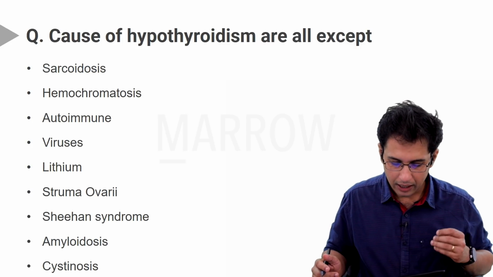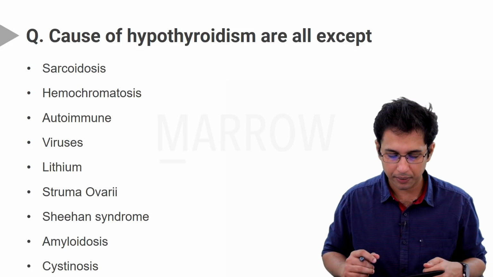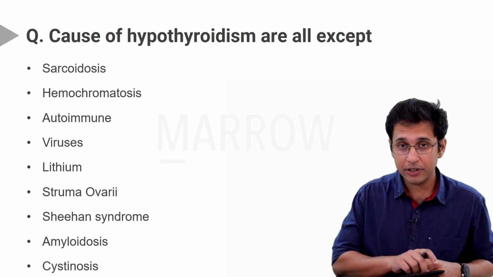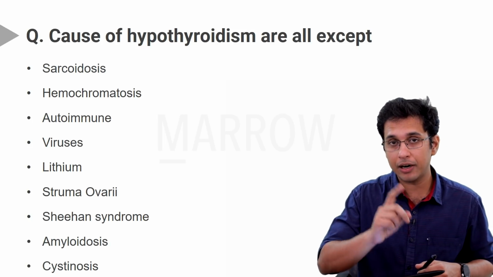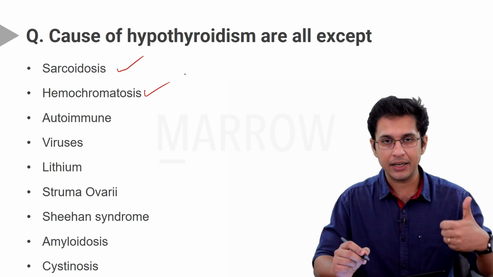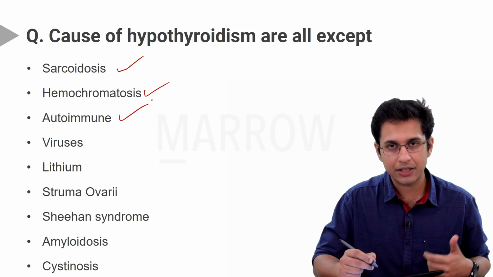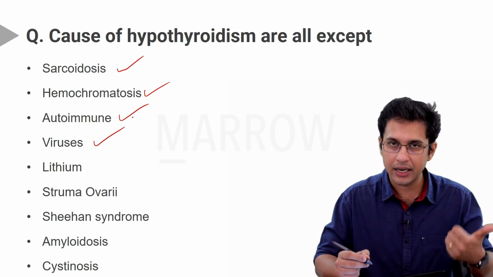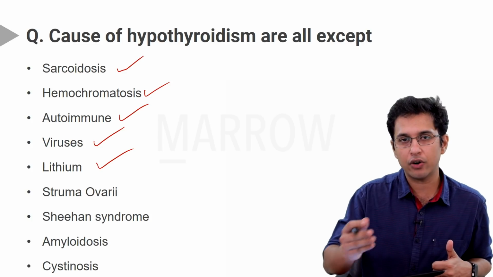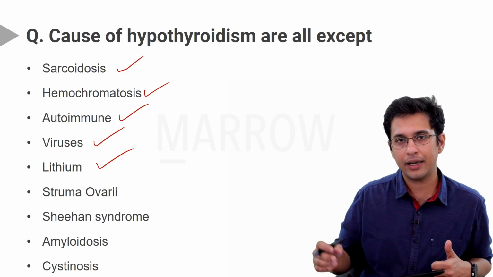Okay, I have merged a number of questions here. Causes of hypothyroidism are all except. Do you remember me zooming in on that one particular table and discussing? Sarcoidosis, yes, infiltration. Hemochromatosis, yes, infiltration. Autoimmune, that's your Hashimoto. Virus, yes. Lithium, drug, yes. Struma ovarii, a kind of teratoma which produces thyroid hormone elsewhere, right?